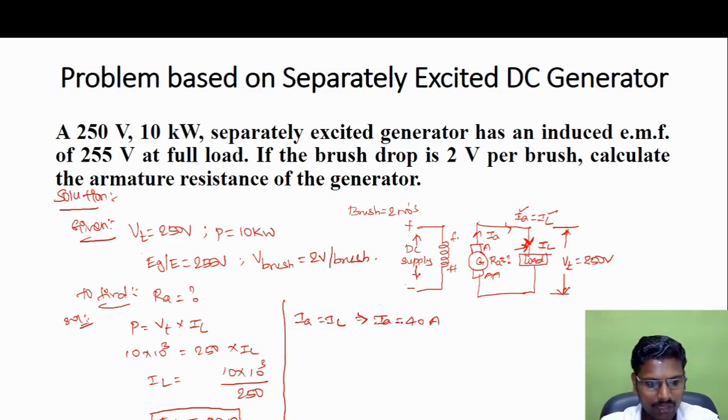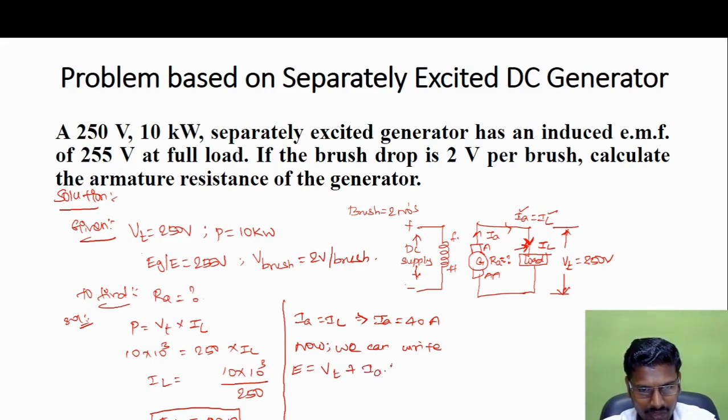Now we can write the EMF equation of the separately excited generator: E is equal to Vt plus the drop across the armature winding, which is IA RA, plus V brush. So this is our expression.